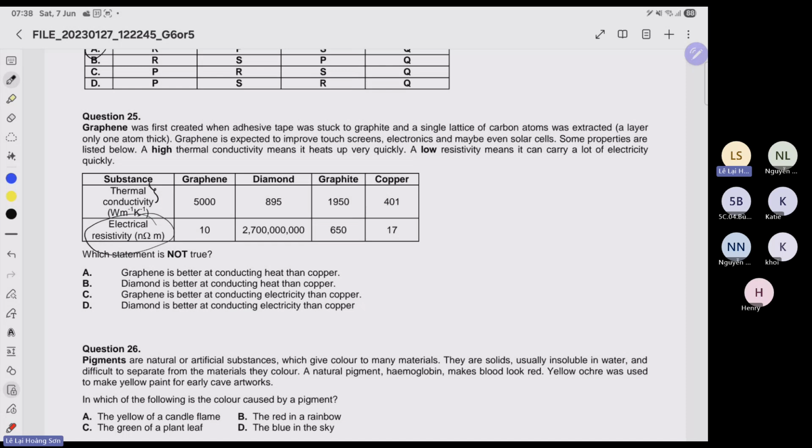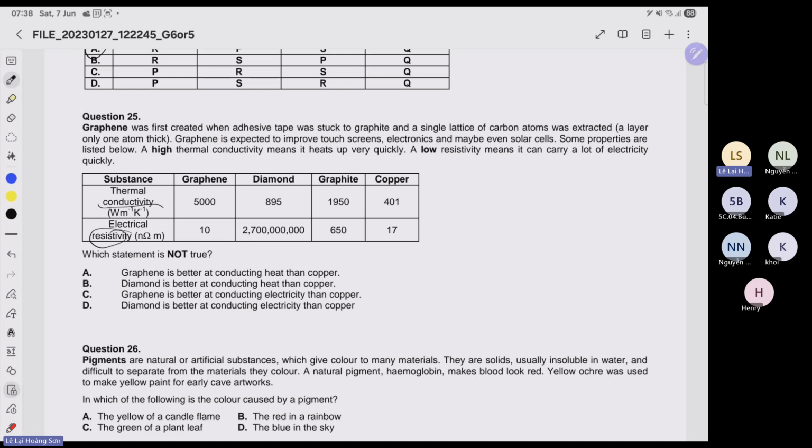Okay, so remember, we have two different terms. We have conductivity. The higher the value of the conductivity is, the better it can be at conducting heat. But resistivity is the ability to resist the electrical flow. So the higher the value of electrical resistivity is, the worse at conducting electricity you are.